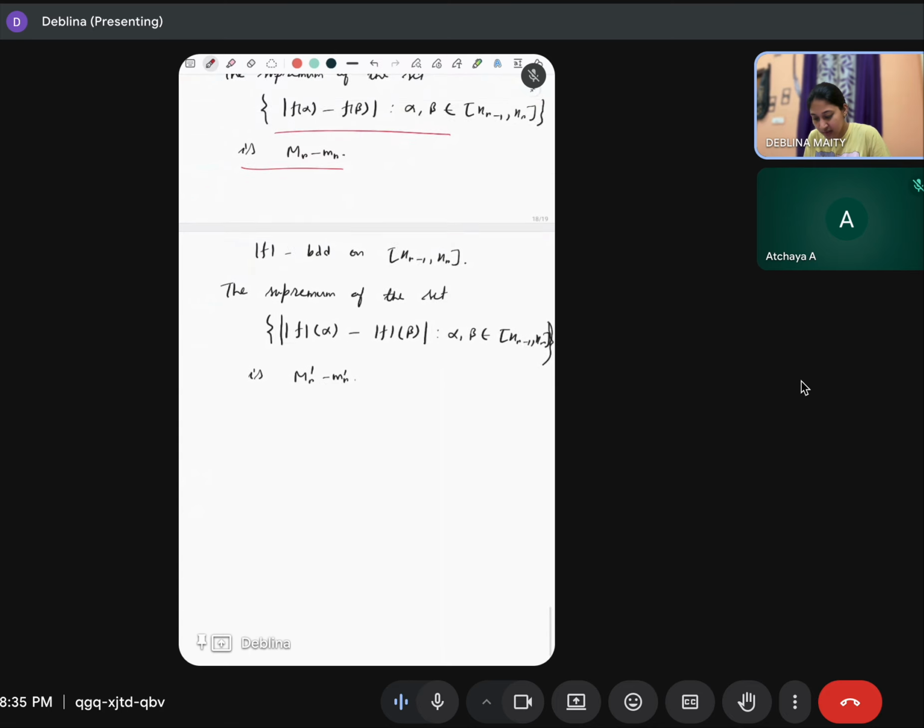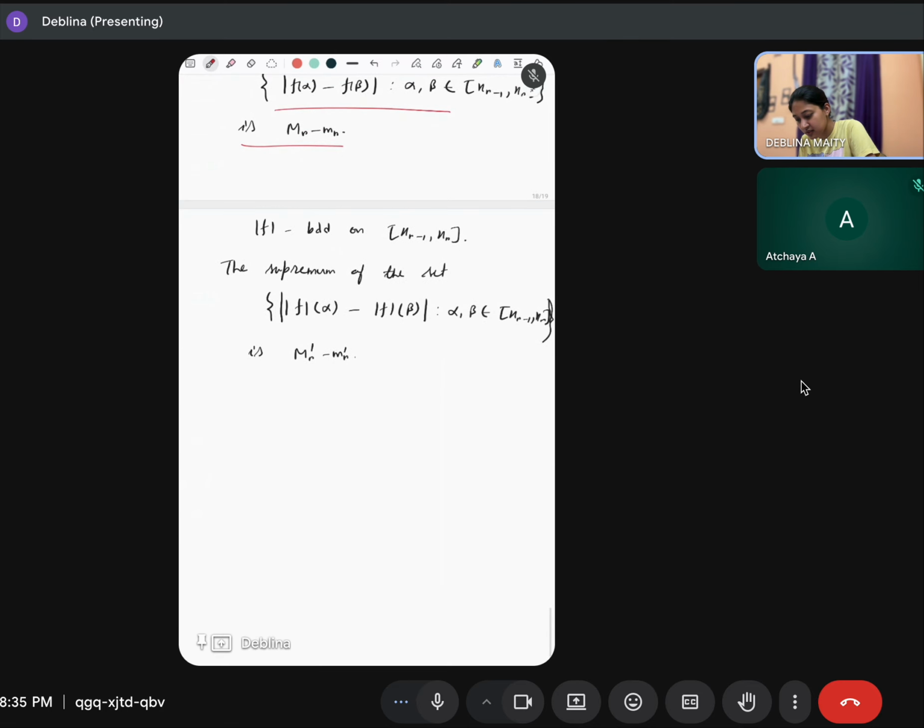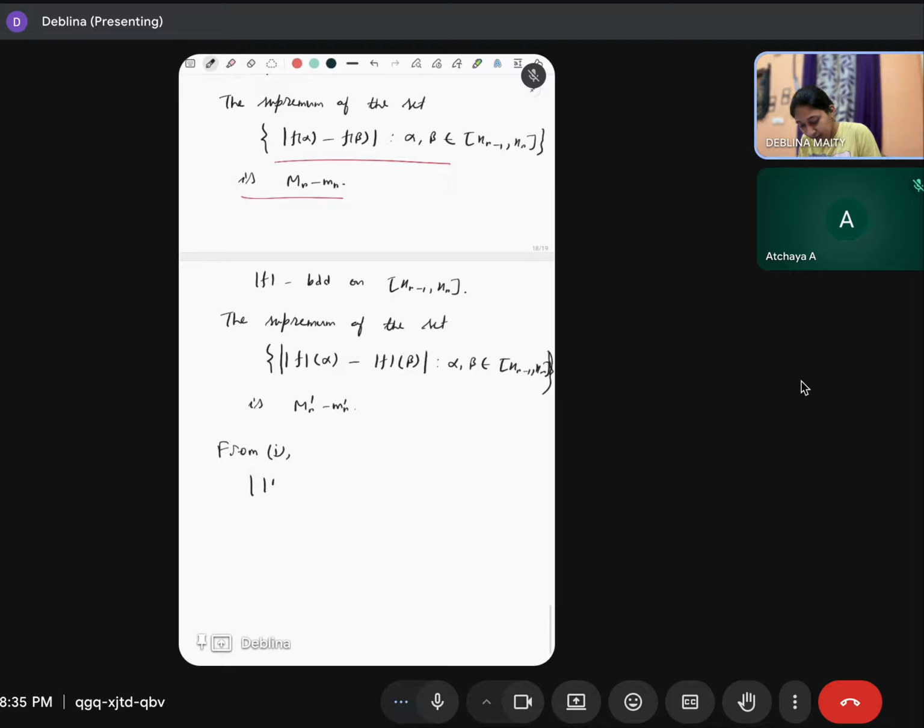So from 1 we have mod f(alpha) minus mod f(beta) is less than or equal to mod of f(alpha) minus f(beta), which is less than or equal to capital M_r minus small m_r.